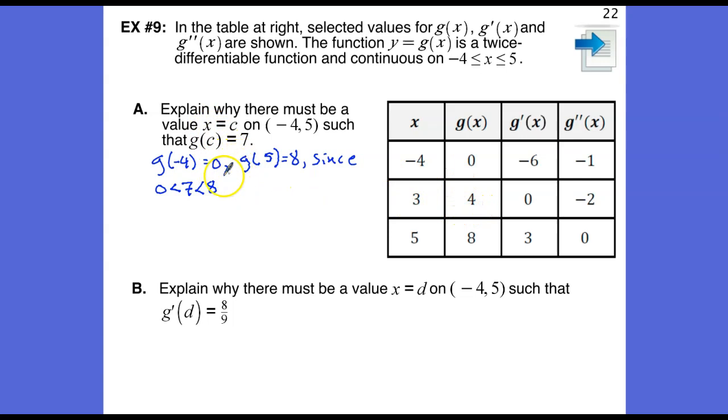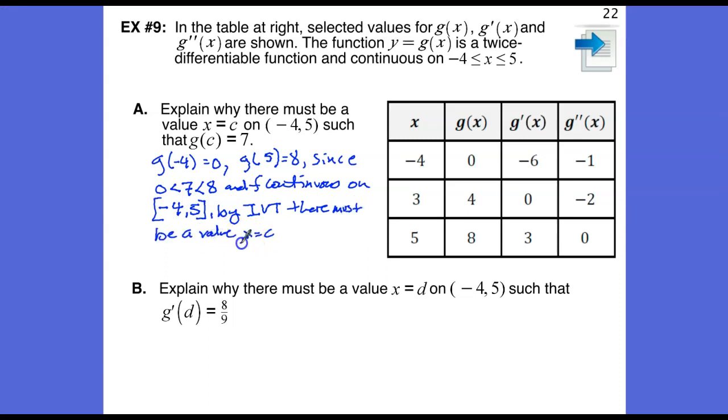So that's what we're going to write. Since 0 is less than 7 is less than 8, and since g is continuous on the closed interval from -4 to 5, by the intermediate value theorem, there must be a value x equals c on the open interval (-4, 5), where g of c is equal to 7.